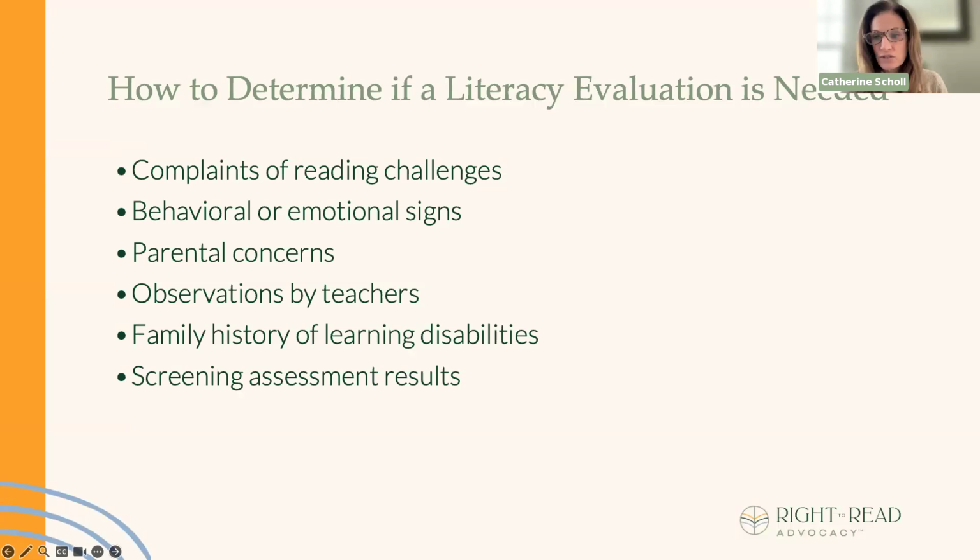The district has two options. First option is either to agree and say, yes, we will grant you the IEE, which means that you can go to a private evaluator and the district pays for it, or they can say no. And if they say no, then they have to file for what we call due process. And that's a whole long process.